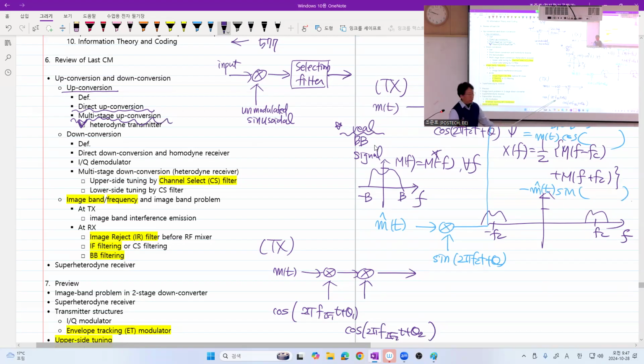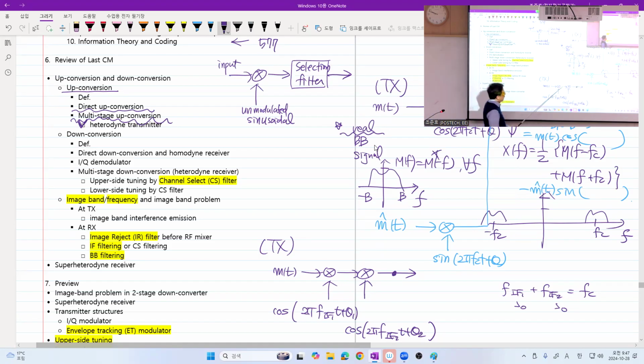Intermediate frequency 1. Now, you multiply this by FIF2. For example, let's assume that FIF1 plus FIF2 equals FC, and they are all positive values. Ready? Now, what would be the spectrum of the signal at that point?